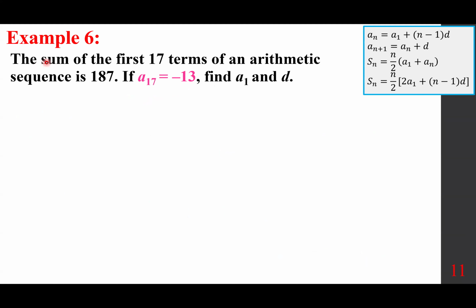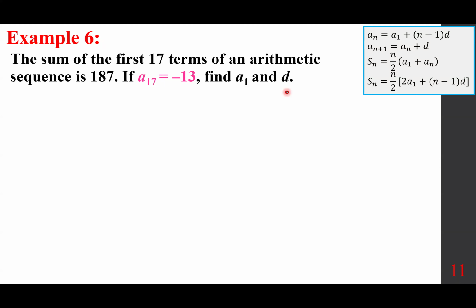The sum of the first 17 terms of an arithmetic sequence is 187. If a17, the 17th term, is given as negative 13, find a1 and d, because in order for you to write out an arithmetic sequence, you really should have the first term and then d, you can keep on writing.